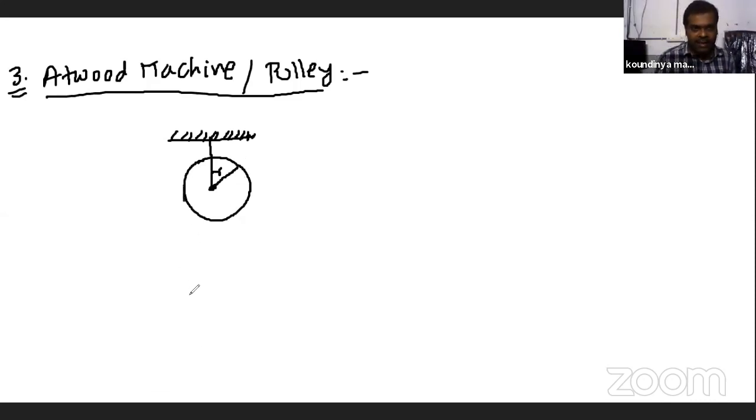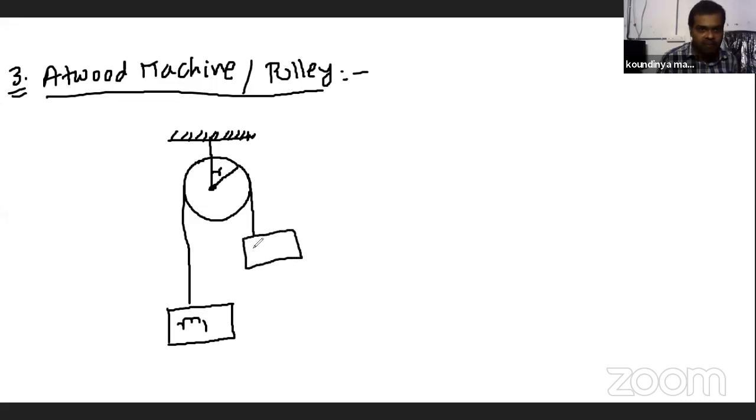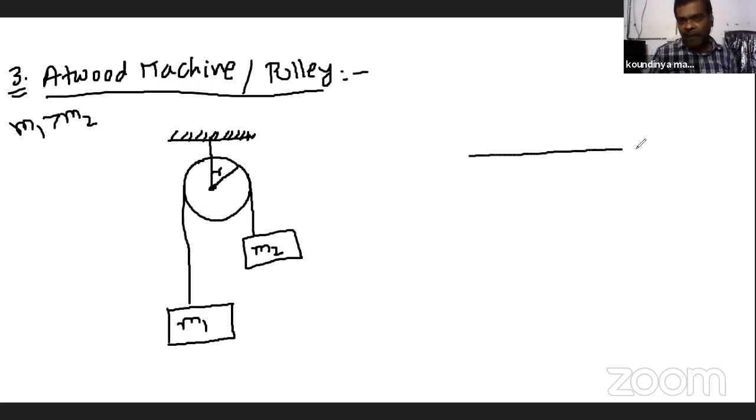Let us consider a mass m1 and this one as mass m2. Here I am considering the case that m1 is greater than m2. Suppose I have a rod.